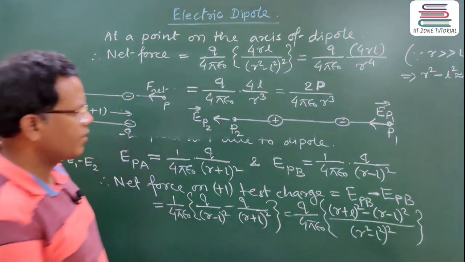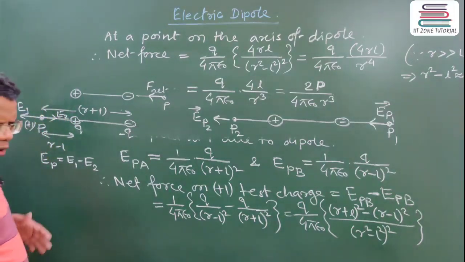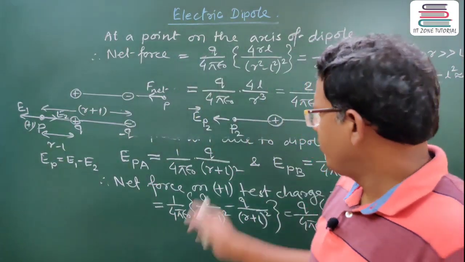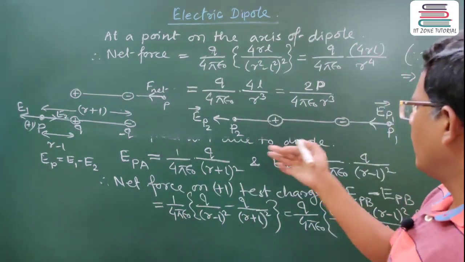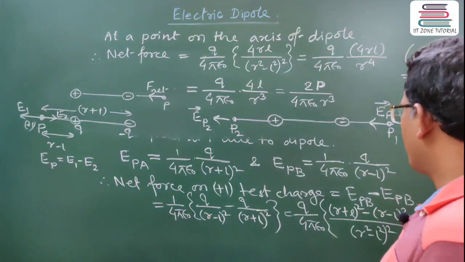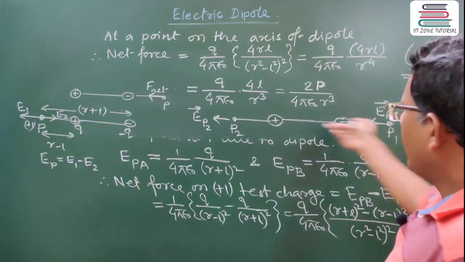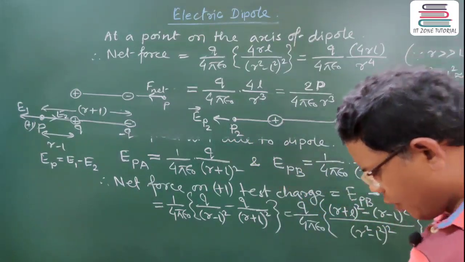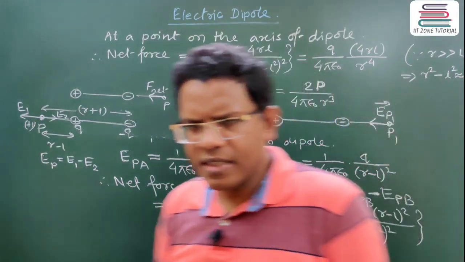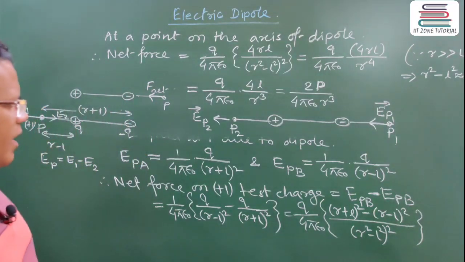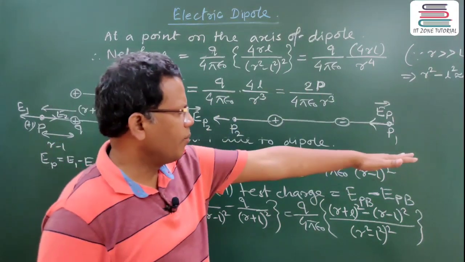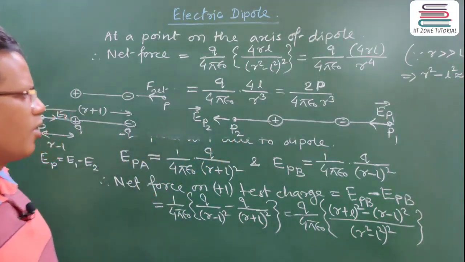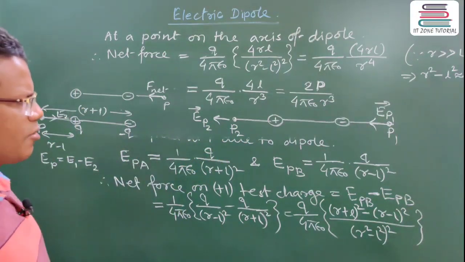Got my point? So the dipole moment is from positive to negative, but the electric field strength along the dipole axis will be against the dipole moment. The dipole moment is from positive to negative, and the electric field, anywhere, either away from the negative charge or away from the positive charge, is always in the direction from negative charge to positive charge.